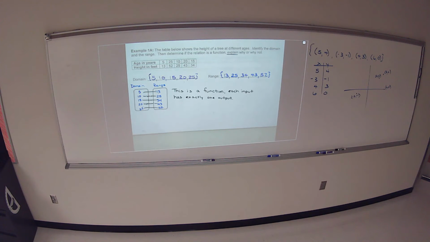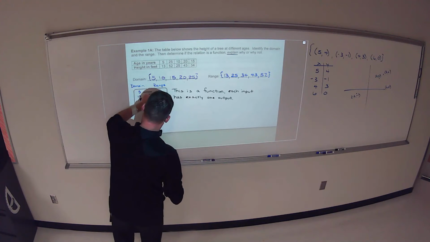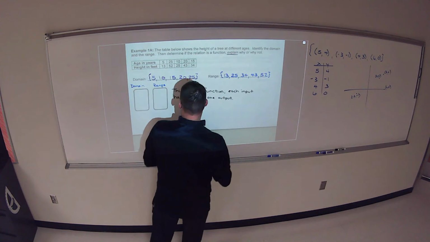And I'll be honest, if I'm using a mapping diagram and it's a function, then pretty much this is what I write every time. Now, you guys don't need to copy this down, but I at least want to show you this a little bit, because again, this is kind of a blah mapping diagram. Let's say that just for a minute, I have all my same values here, okay? But they were matched up a little bit differently.